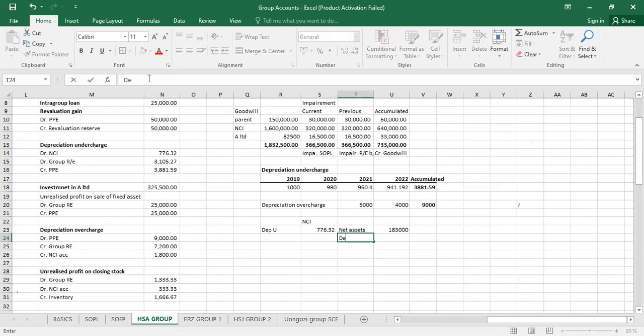Then you have depreciation overcharge equal this one here. We also have unrealized profit on closing stock, so UPSC equal the one that goes to NCI alone.